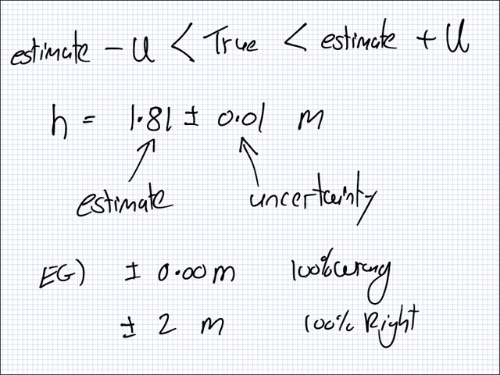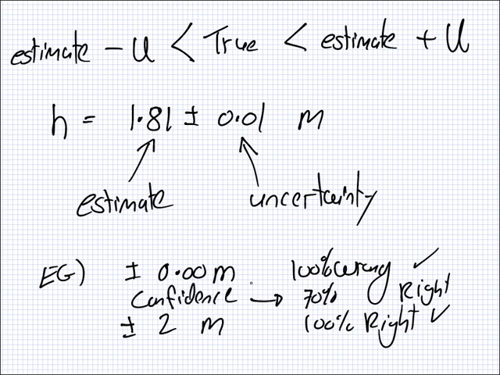So we need to get a balance between being 100% wrong and 100% right. And it's different for each course. So for this course, we try to be about 70% right. So we don't want this to be too big and we don't want it to be too small. We try to be right 70% of the time. So it's better than 50%. So that's what we call our confidence.